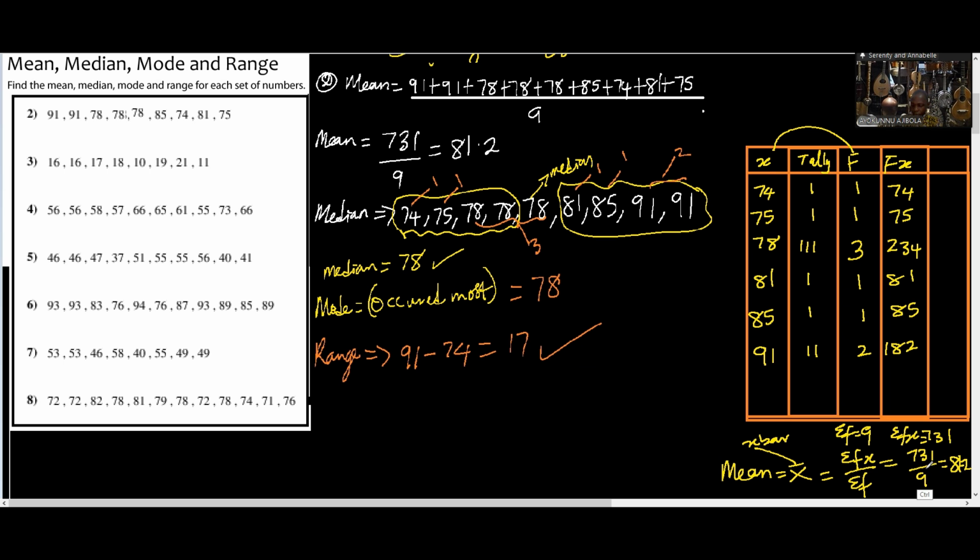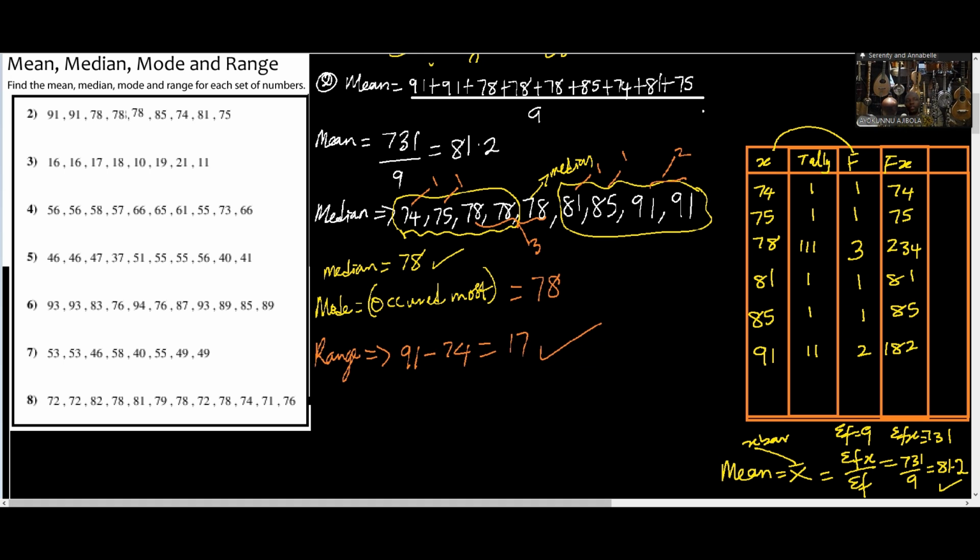Let me write that again so that it can be spaced out: 731 over 9, and that'll be 81.2. Write it very well.